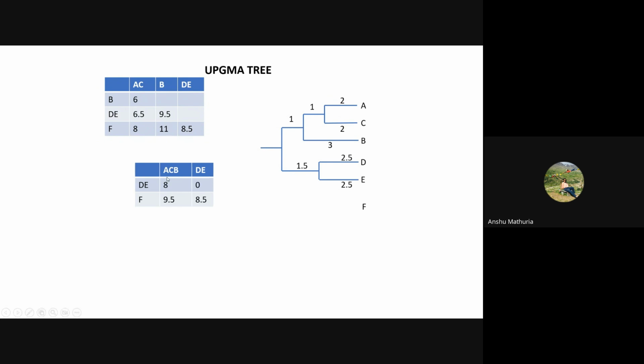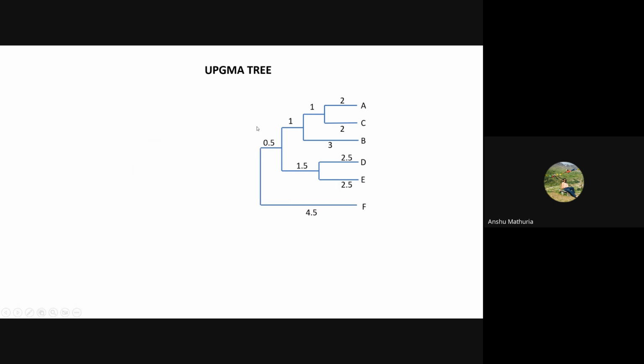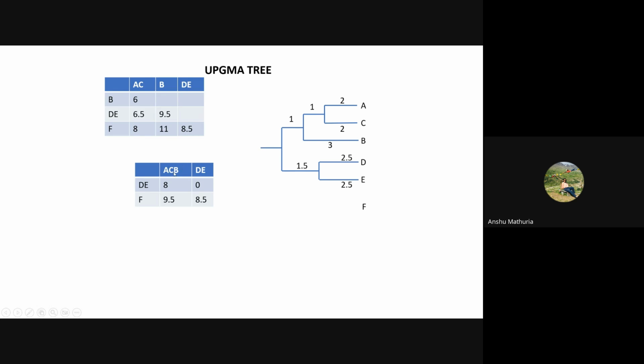Because the branch distance was 8. So now ACB is connected to DE. So now you will combine all of this to form ACBDE, and then ACBDE with F. So for the last step you had ACBDE combined, so now on the left hand side, only F remains.